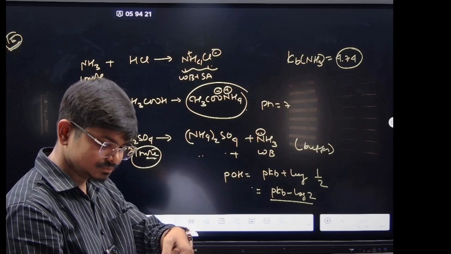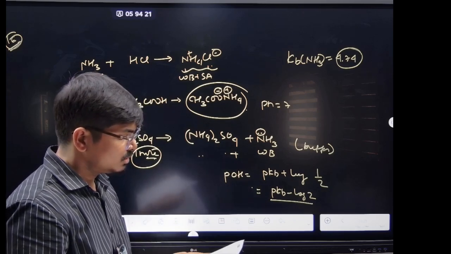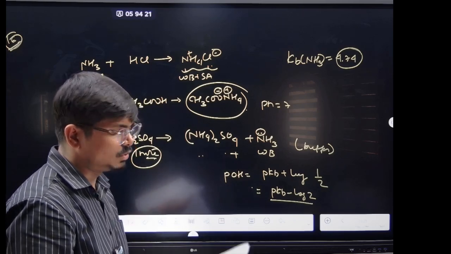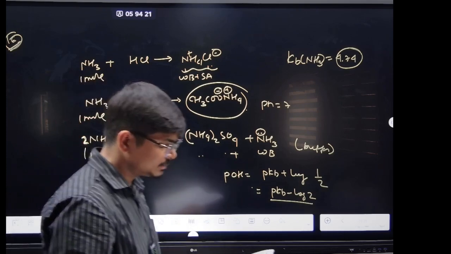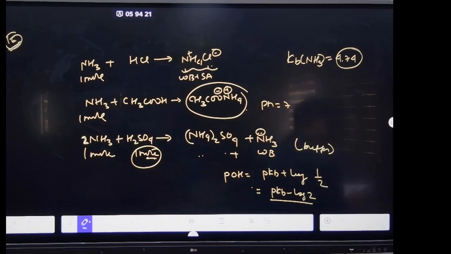First will be क्या? फोर्थ ऑप्शन, राइट? 3 greater than 2 greater than 1. गॉट इट?